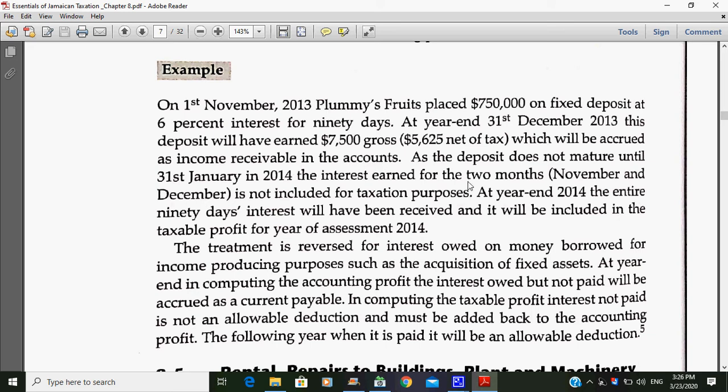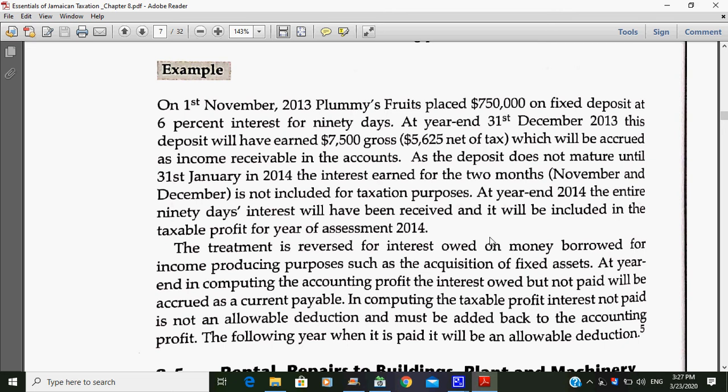As the deposit does not mature until January 31st, 2014, the interest earned for the 2 months, November and December, is not included for taxation purposes. At the year end 2014, the entire 90 days interest will have been received and it will be included in the tax profit for the year of assessment 2014. So it would not have been received for 2013, but it would for 2014.